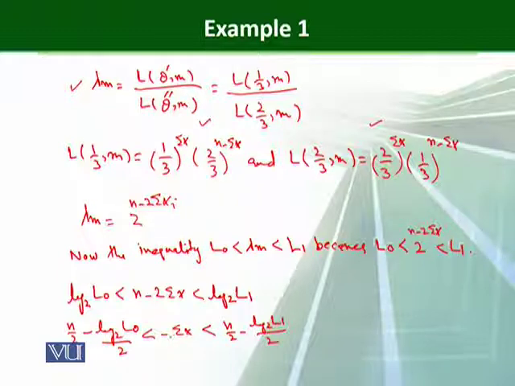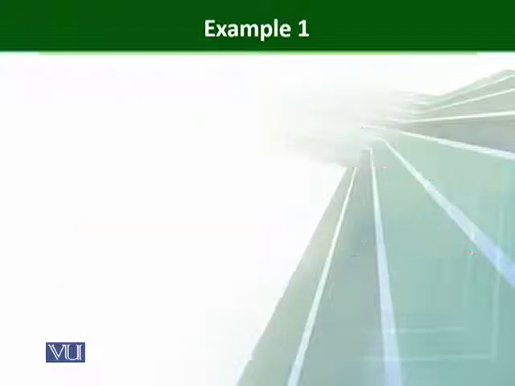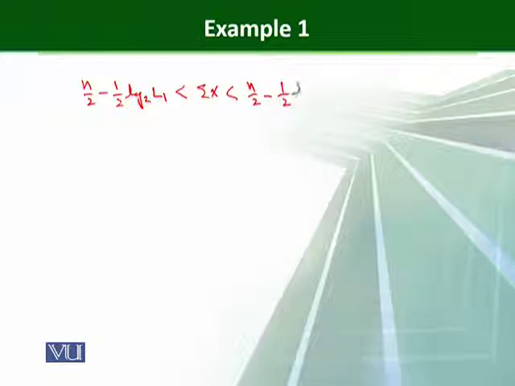Multiply throughout by -1 so that we can get rid of this minus. So when we multiply throughout by minus, the inequalities will reverse. So in such a situation, what will we have? That is n over 2 minus 1 by 2 log with the base of 2, that is L1, because the inequalities reverse when multiplying by minus, that is less than sum x less than n over 2 minus 1 over 2 log with base 2, that is L naught.